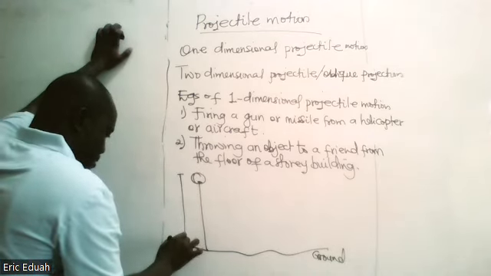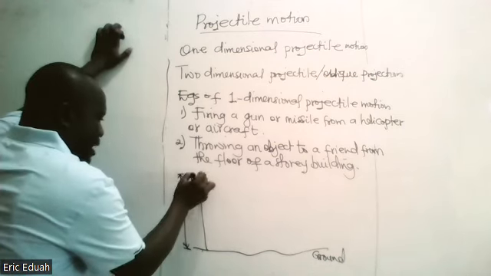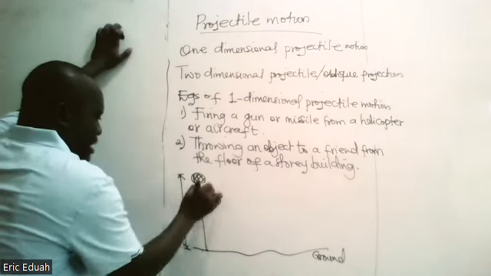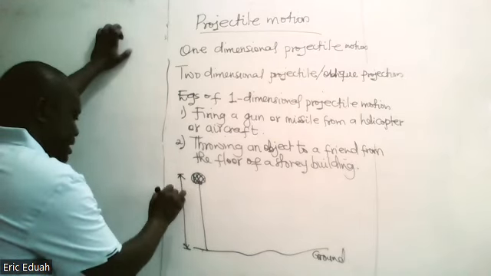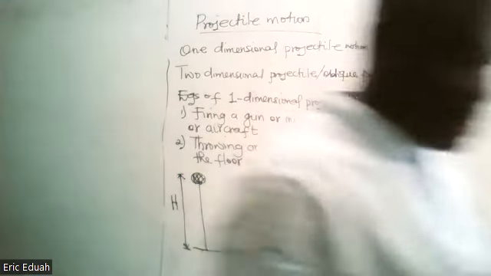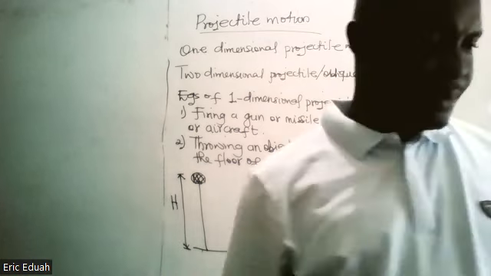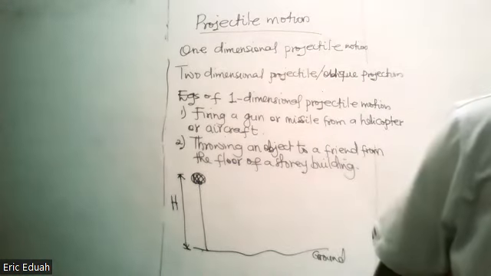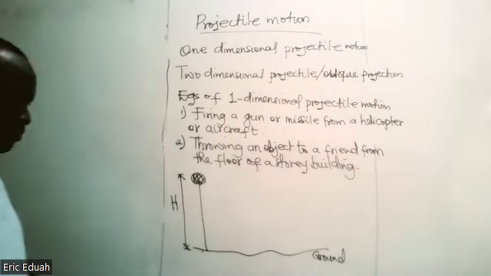From the ground to where the object, the projectile, is, there is a vertical height, h.